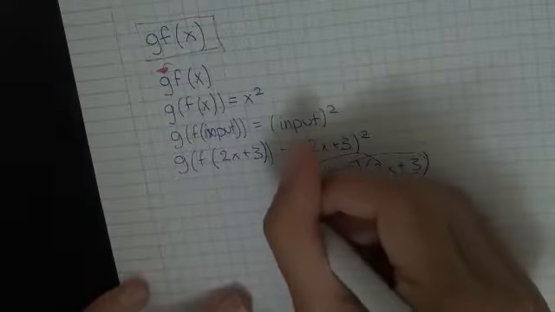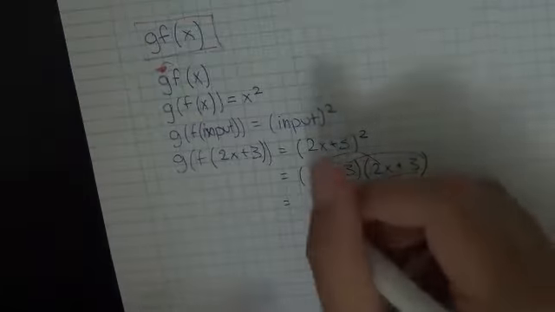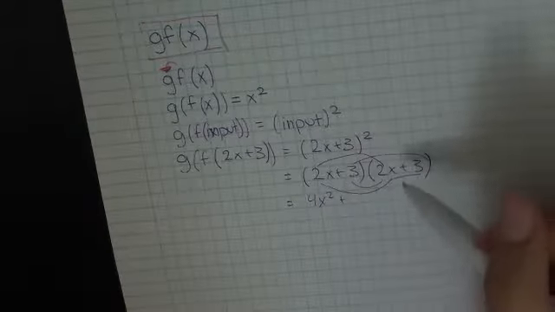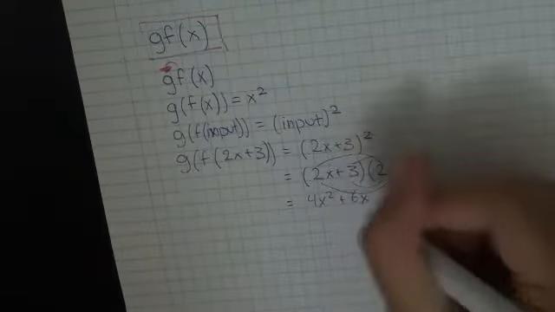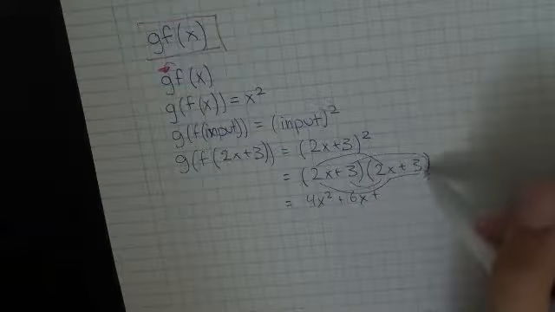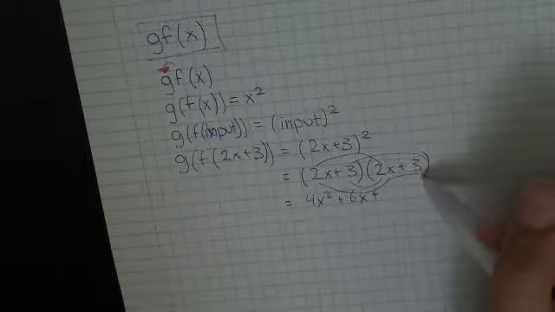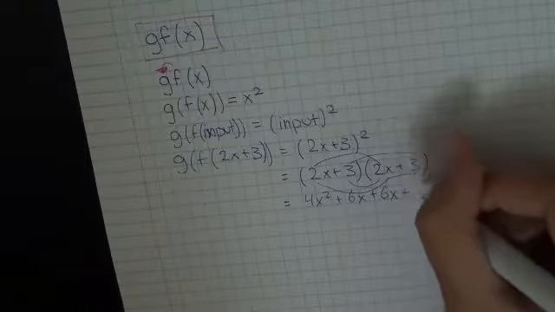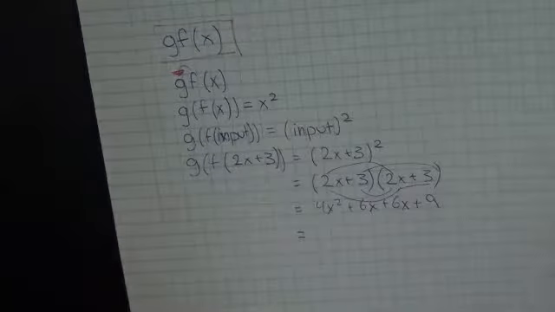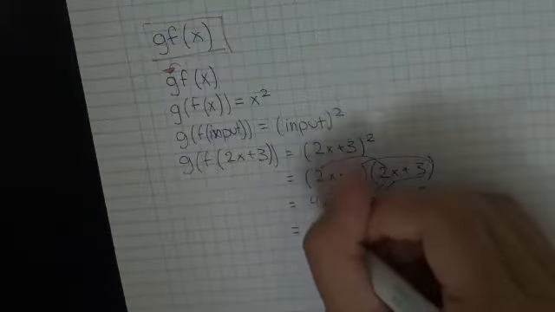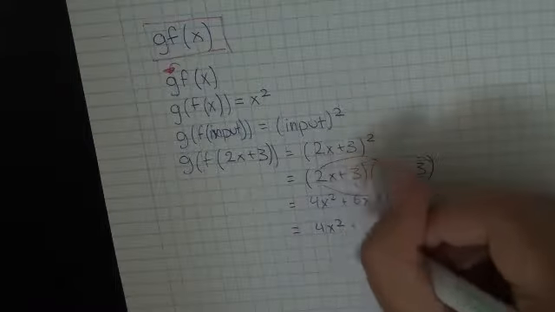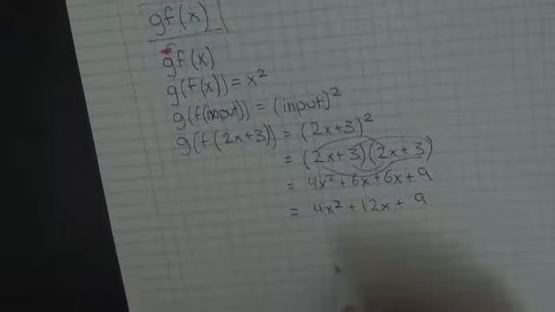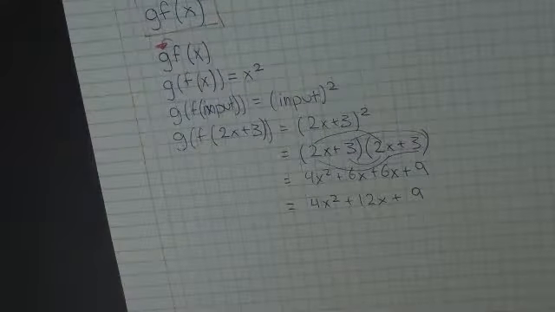We're left with 2x times 2x is 4x squared, plus 3 times 2x would be 6x, plus 3 times the other 2x would also be 6x, and then plus 9. So you add the like terms, 6x and 6x, and you get 4x squared plus 12x plus 9. And that would be the answer to your problem.